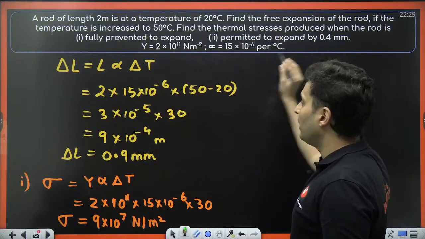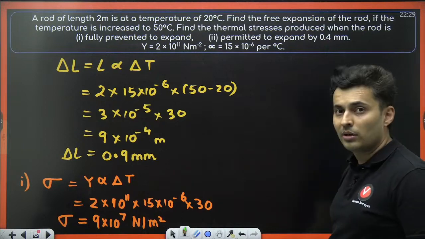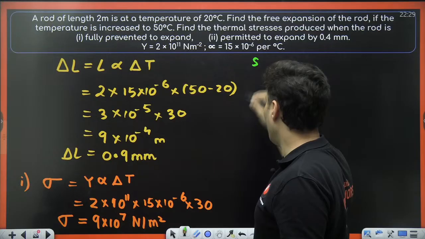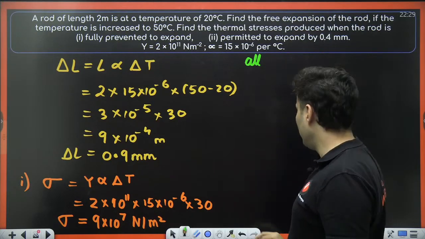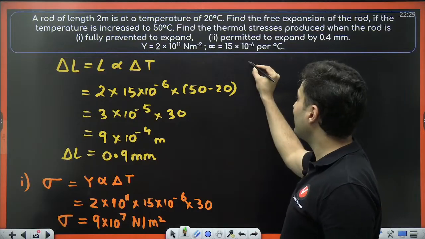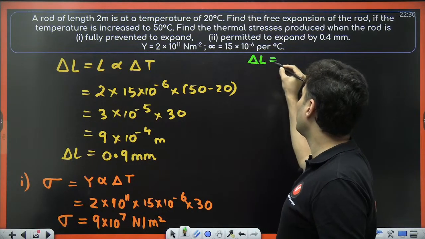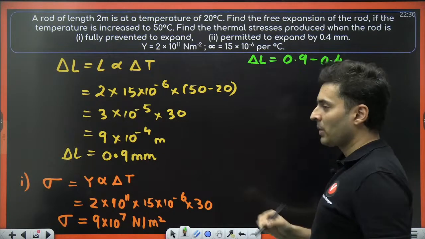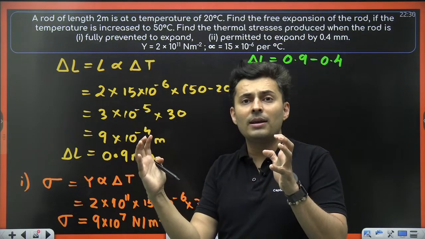Actually it wants to expand how much? 0.9. But how much did you permit? 0.4. So how much strain was developed? Won't the delta L be 0.9 minus 0.4? It wants to expand till 0.9 millimeters, but you allowed only 0.4.